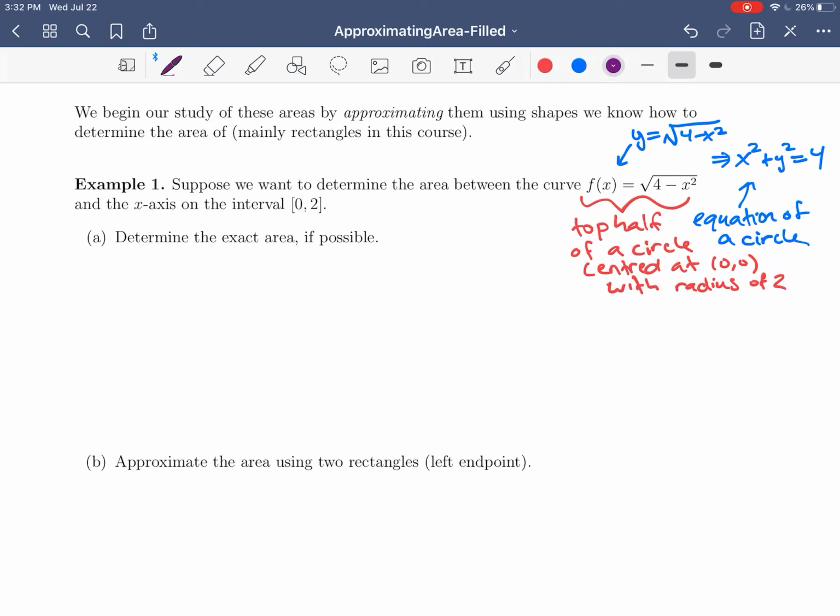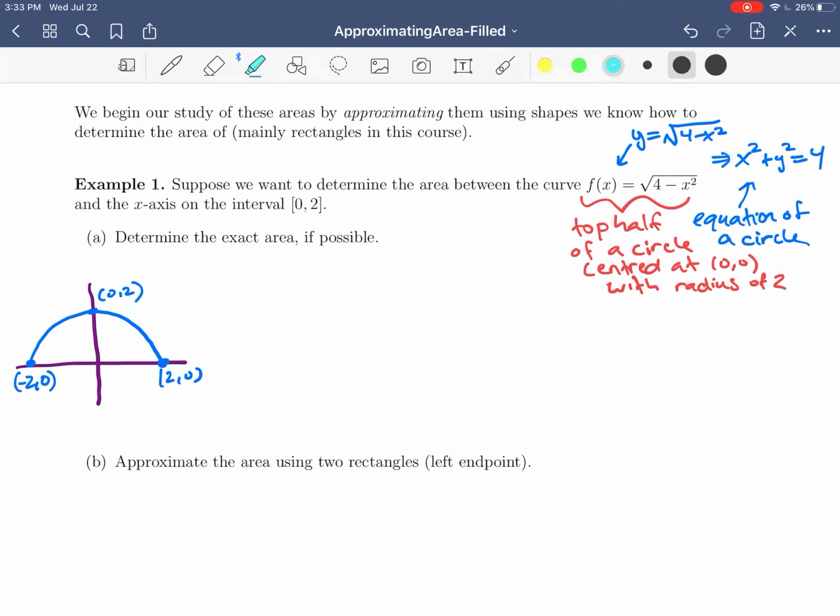You can draw a picture of this. What it's going to look like is something like that, where this point is negative 2, 0, this point is 2, 0, and this point is 0, 2. So it's the top half of the circle.